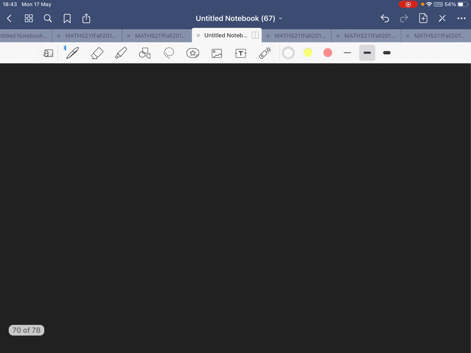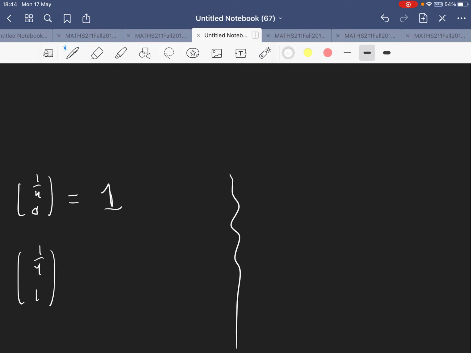Let me just do them here. 1 over 4 choose 0. We said this is by default 1. 1 over 4 choose 1. This means I have 1 factorial, and on top I multiply 1 over 4 only one time. So the answer will be 1 over 4. Now 1 over 4 choose 2.